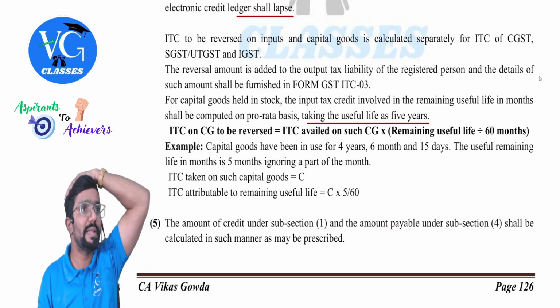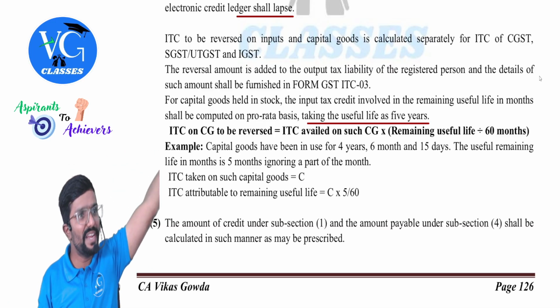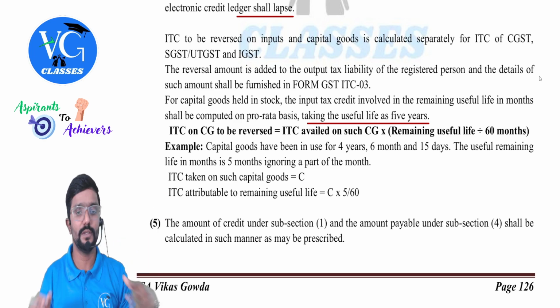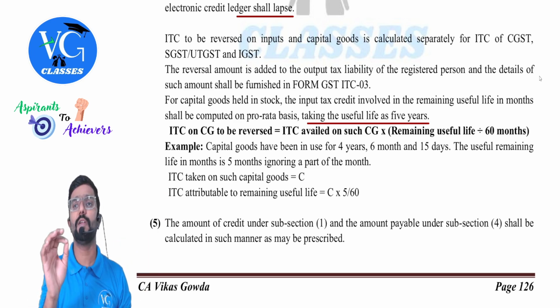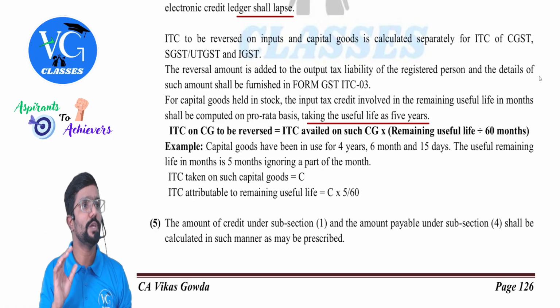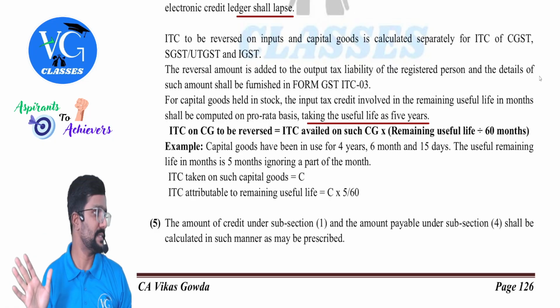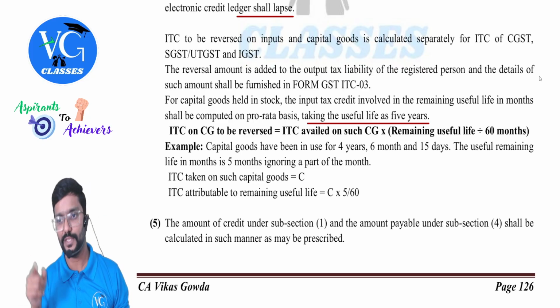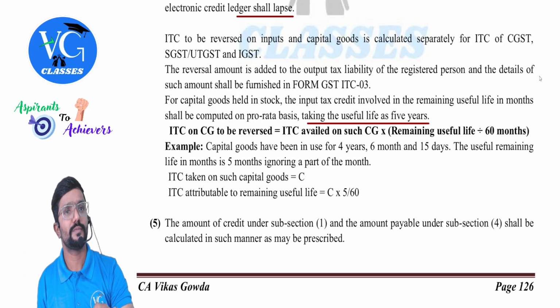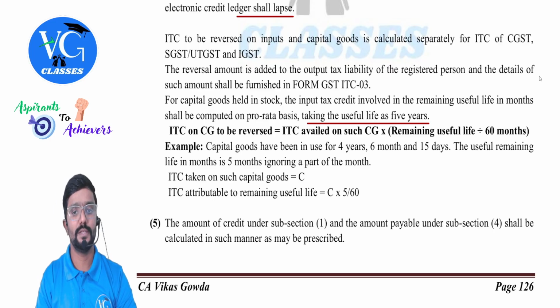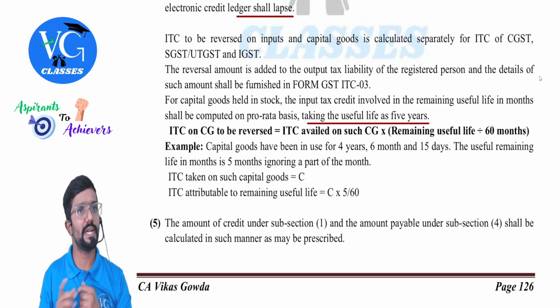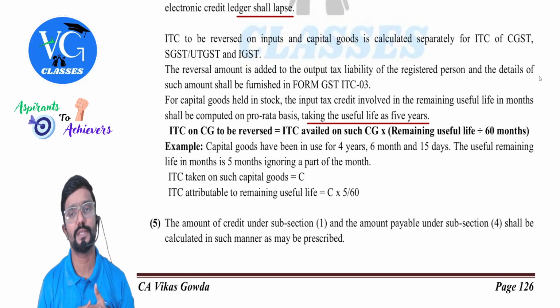Some assets will be used for a very long period also. But do we consider the actual useful life? No. In the law, for any capital goods, as per subsection 4, the useful life is how much? 5 years. In bracket, you can just write 60 months.